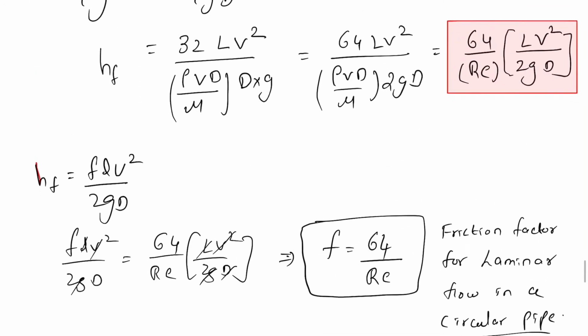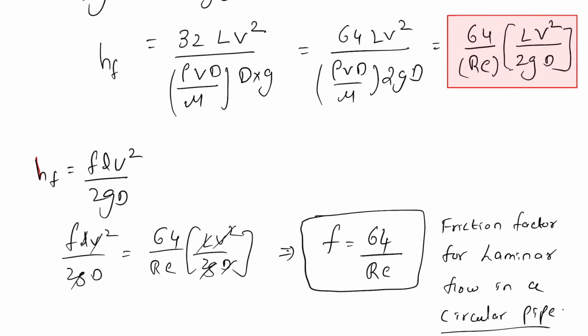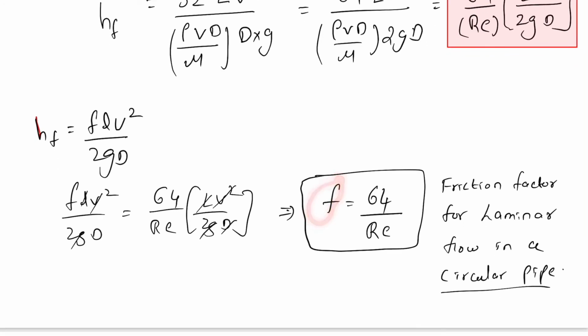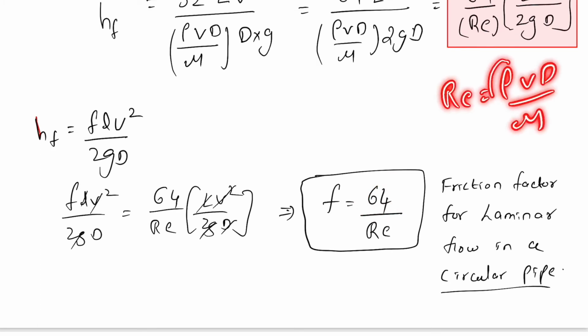If you might remember, when dealing with the loss of fluid friction, I told you that in laminar flow the friction doesn't depend on the nature of the surface. That is, whatever may be the nature of the surface, the friction doesn't depend on it. Here f is an indication of friction. See, what is the value of friction? 64 by Re. 64 is constant. What is the formula for Re? Re is equal to rho V d by mu. Here rho is density of fluid, V is velocity of fluid, d is diameter of the pipe, mu is viscosity of fluid.